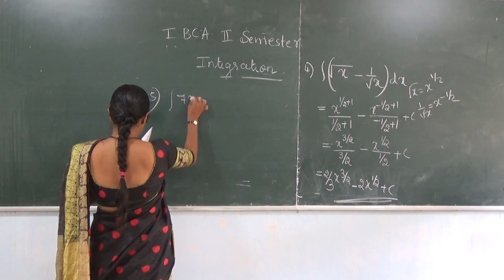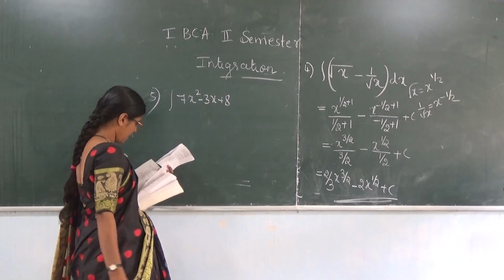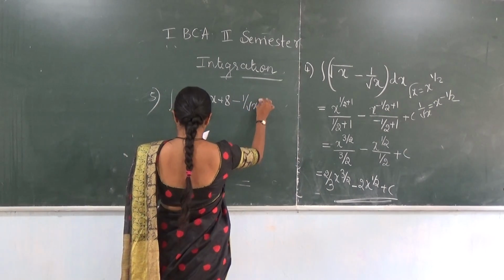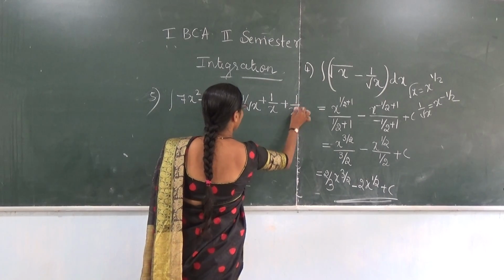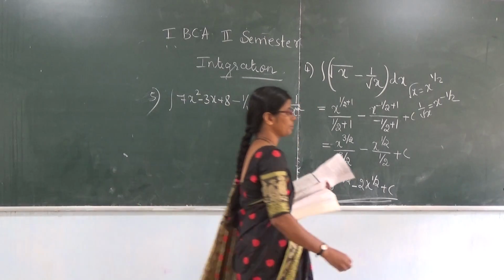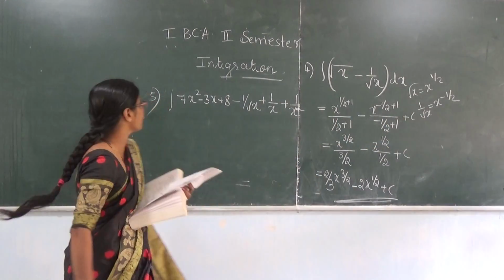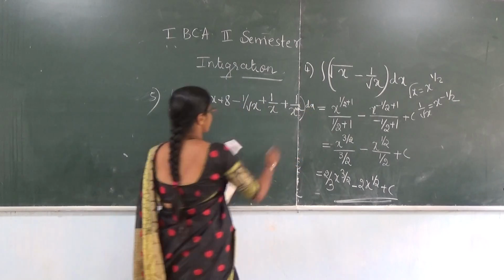Integral of 7x square minus 3x plus 8 minus 1 by root x plus 1 by x plus 1 by x square. So you have to consider the integral of this particular function with respect to x.